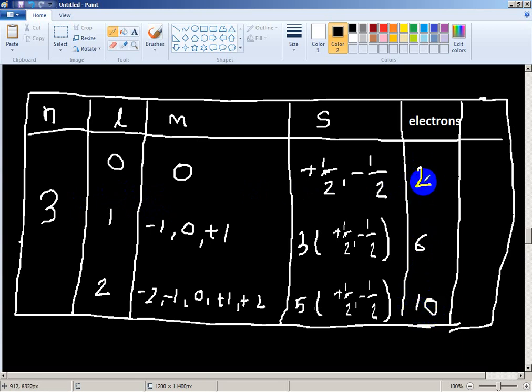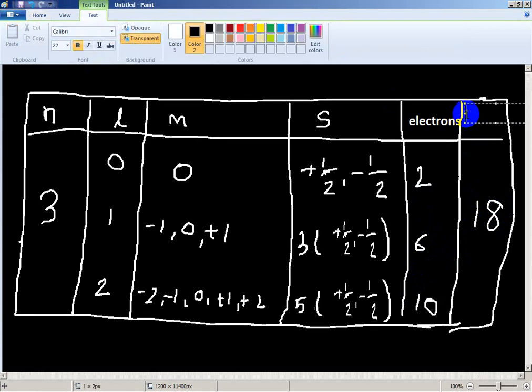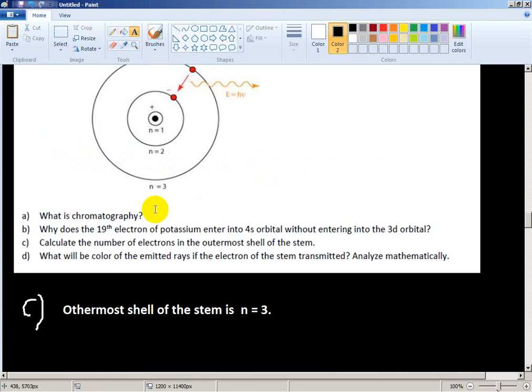So the total is 2 and 6, 8, and 10, 18 electrons. So the total electrons is 18. I have found this question's answer.